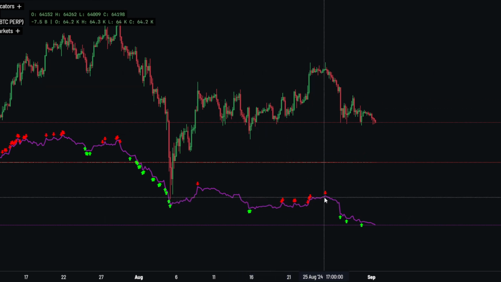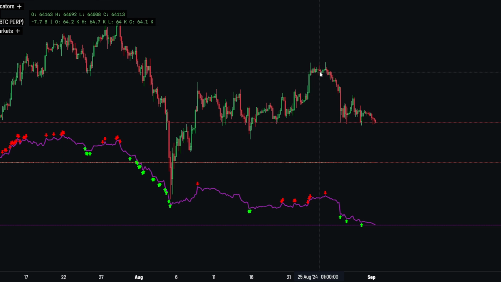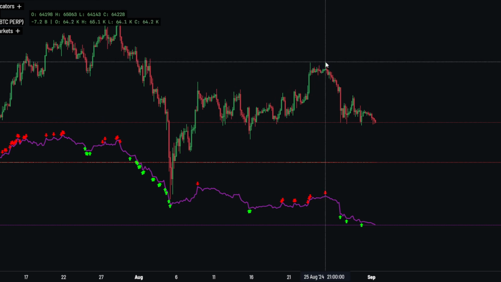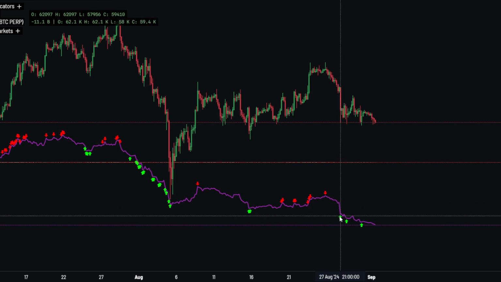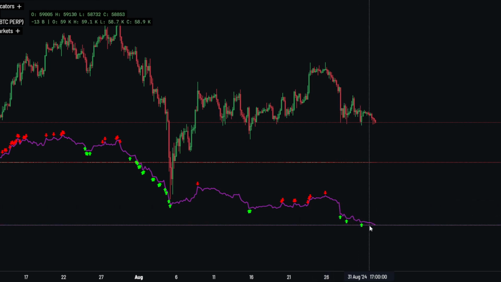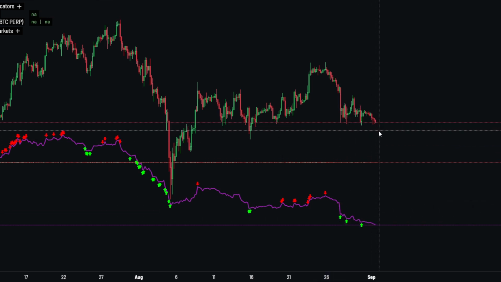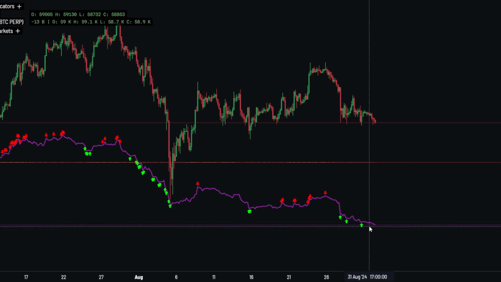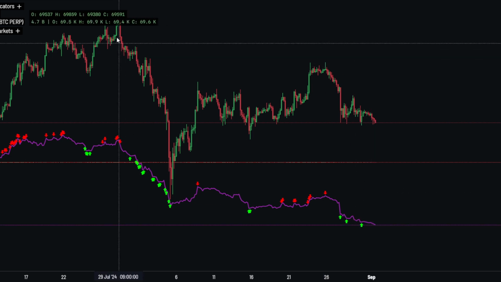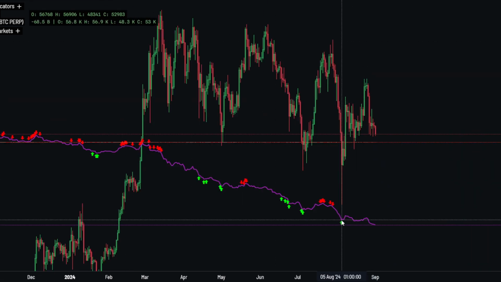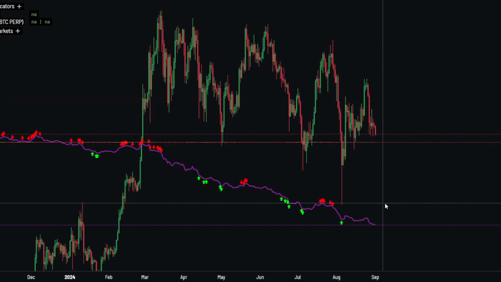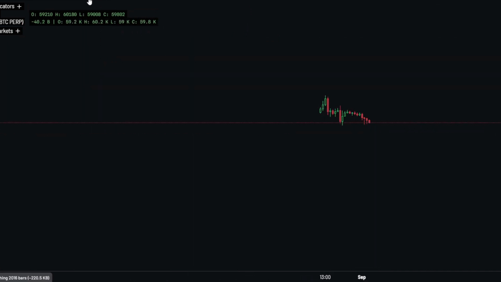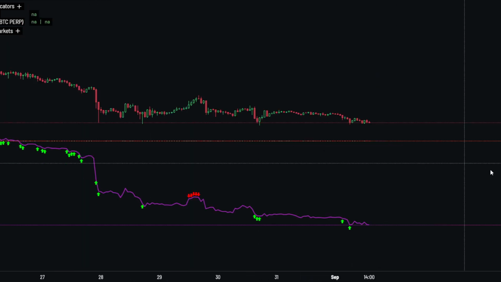Okay, the bears got in during this uptrend, and they took power exactly at that point. And here we go. Now the bulls are getting in again and again. That means the more we go down, the more the bulls are taking control, right? And don't forget that on the daily they are still taking control, especially in this part of that chart. So this is what my indicator shows on the 1-hour chart as well.